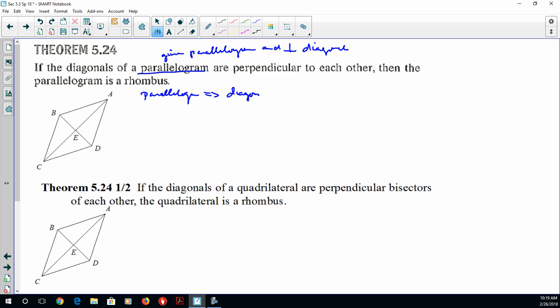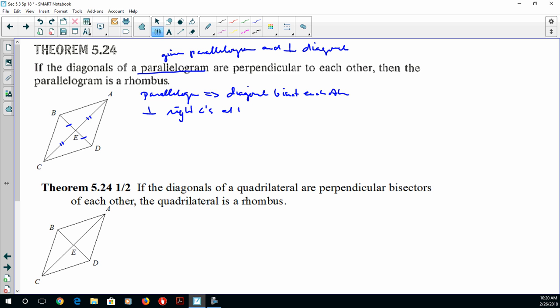So those two are the same, those two are the same, because it's a parallelogram. Perpendicular means I've got right angles at E. So this is a right angle, this is a right angle. So I've got right triangles here.